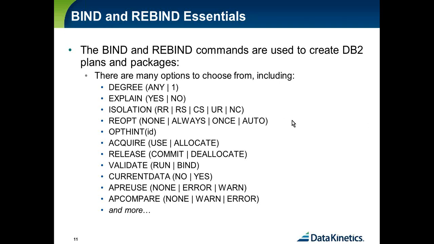You can choose things that will cause you to get information versus not get information about the plan table, the ACID level of your transactions, the durability and the locking, the optimization, whether or not you're using hints, whether or not you want to try to reuse old access paths.